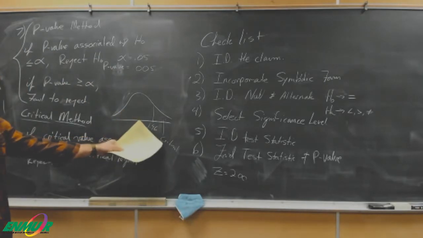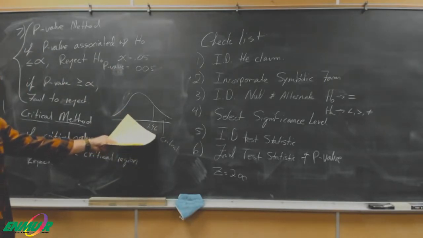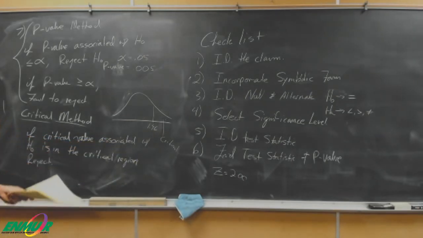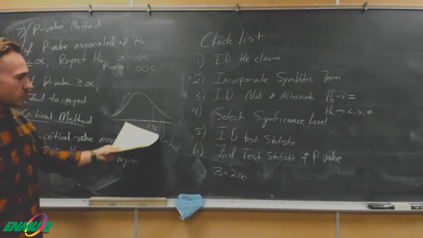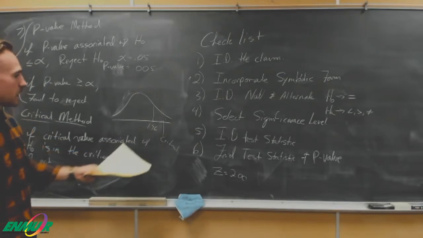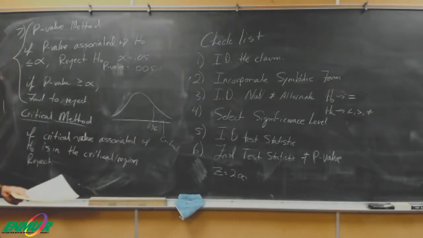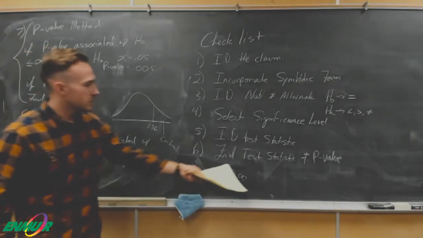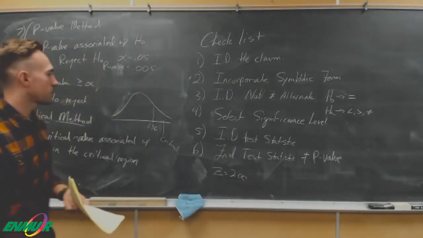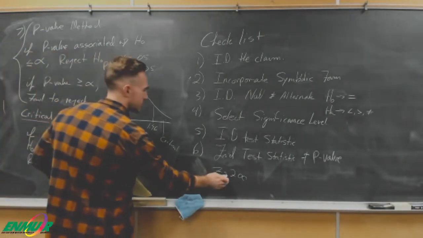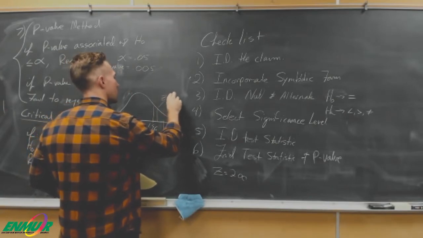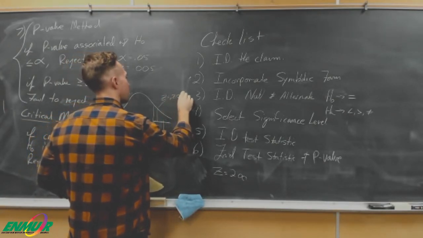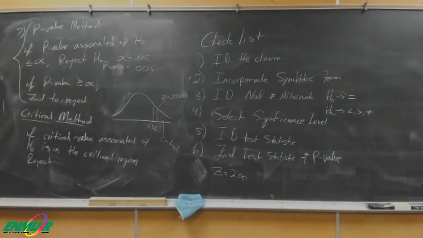I take my critical value associated with my confidence. Then I take my critical value associated with my null. That is going to be found from my test statistic. So then let's say that our test statistic is 2.0. 2.00 is right there-ish.